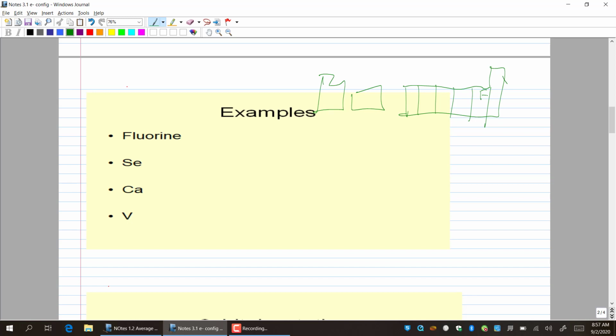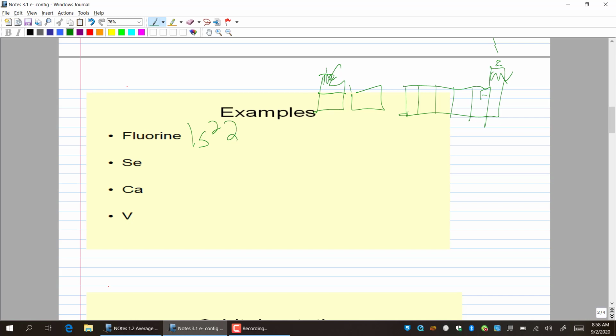Okay. So when I do this, I'm going to start off in the top. Okay. So the first electron I'm going to look at is right here. Okay. So it's going to be 1s. When I fill this in, there's 2 of them. 1s2.